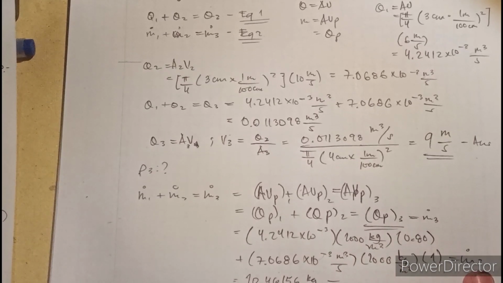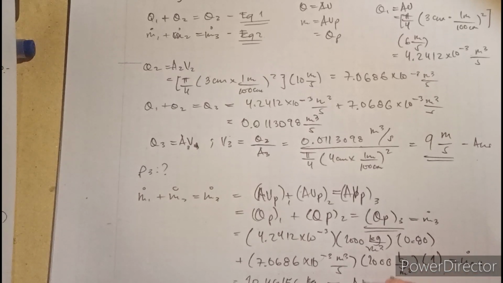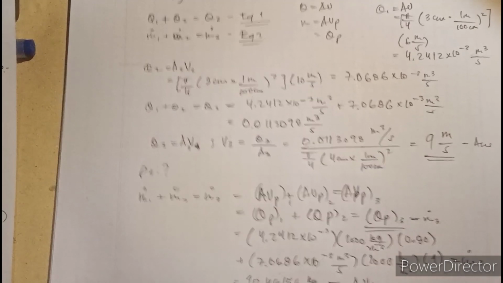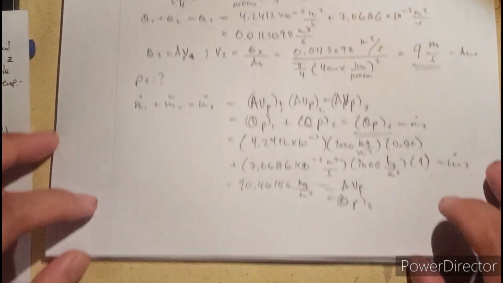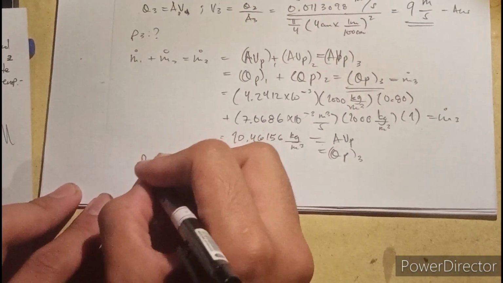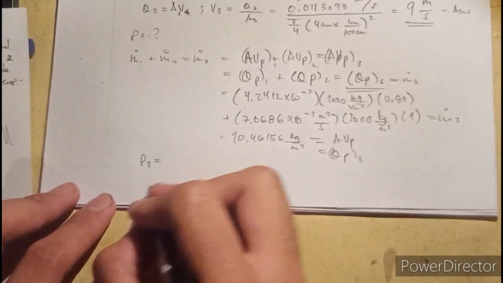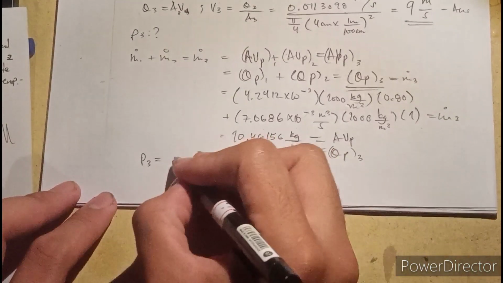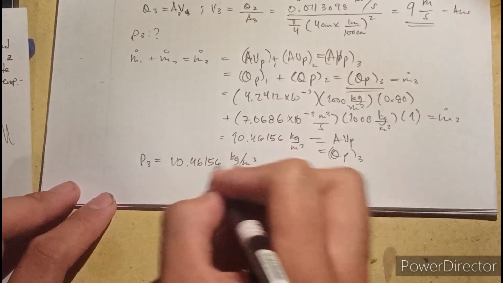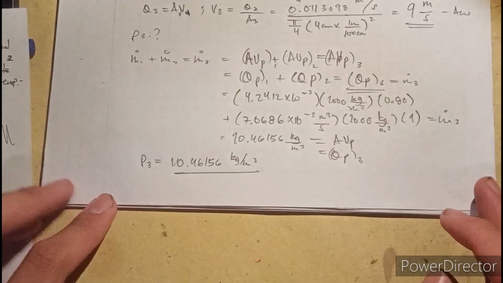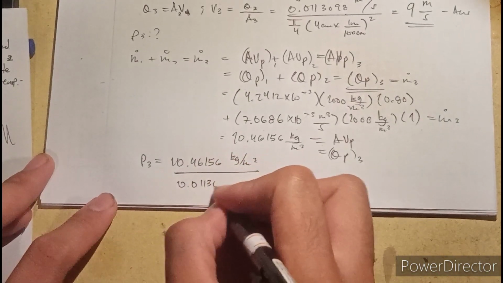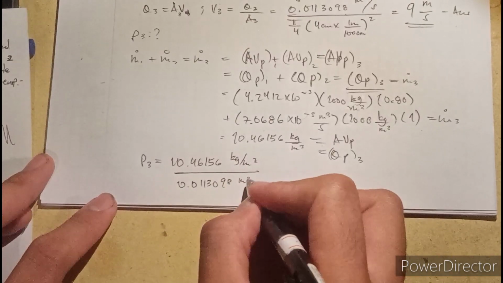Then, since mass flow rate 3 is equal to AVρ or Qρ3, solving for density, we have 10.46156 kilograms per second over the discharge of 3, which is 0.0113098 cubic meters per second.